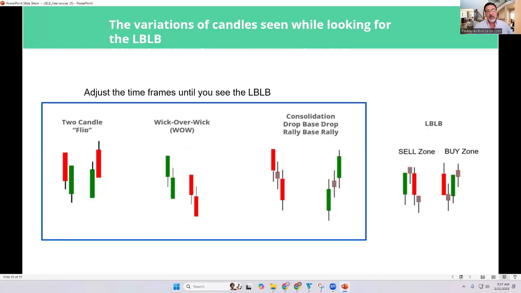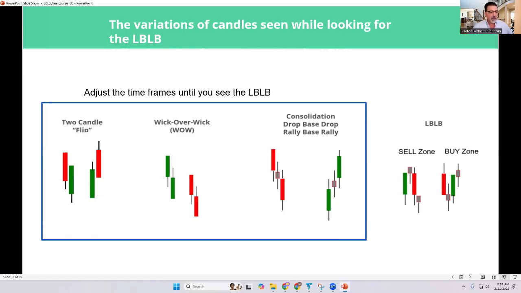As we look at larger time frames and work our way down, you may see areas where we have a red candle and the green candle flips back up, or a green candle going up and then the red candle flips back down. On the larger time frame, we may see this as a flip.